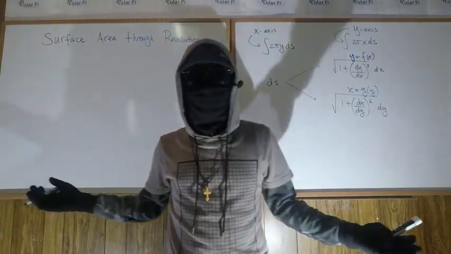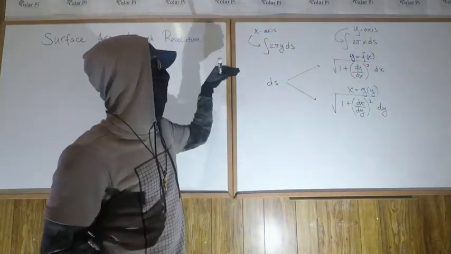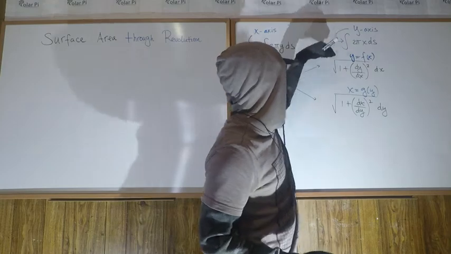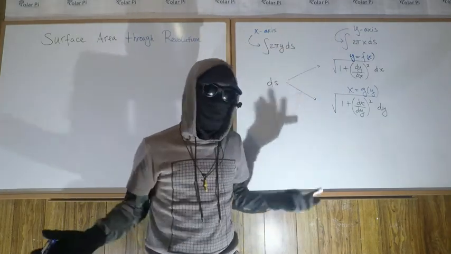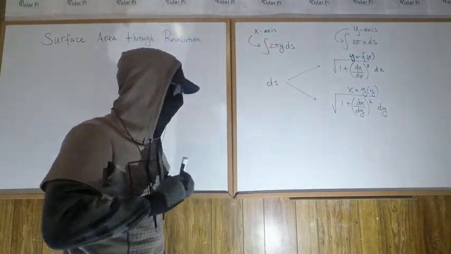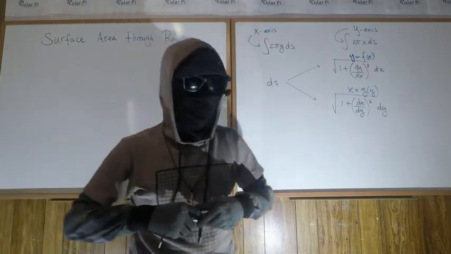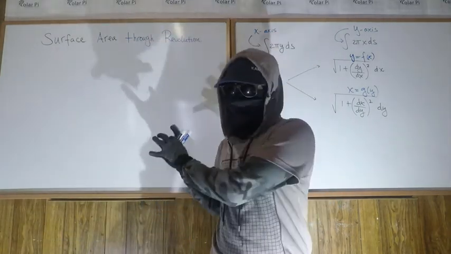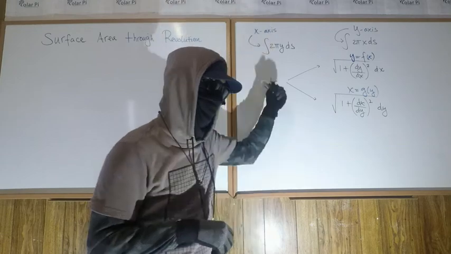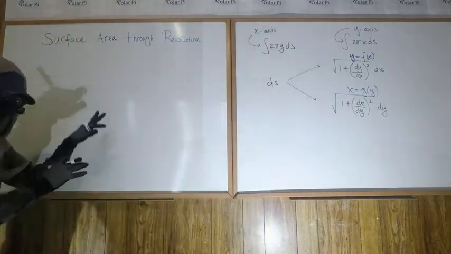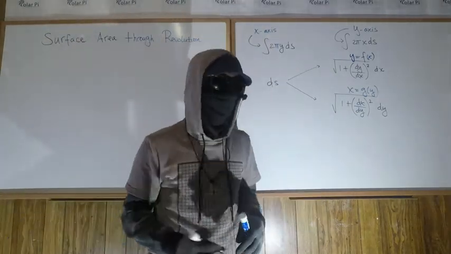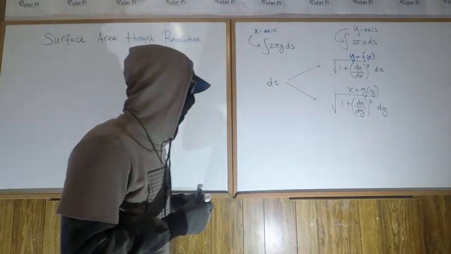As I said, I'm going to provide you two examples, so between the two examples we'll use all of these. But first, let's talk about this little thing, which will complete your understanding of surface area through revolution.